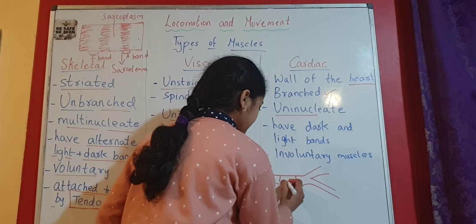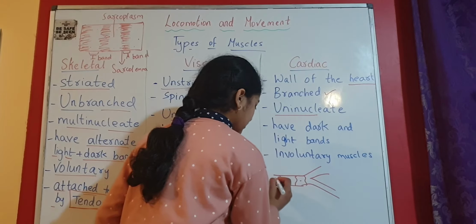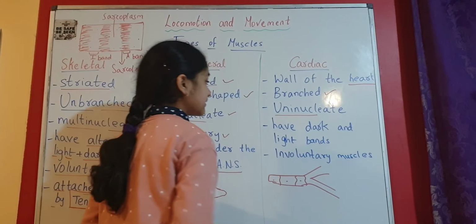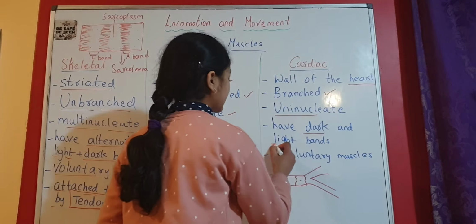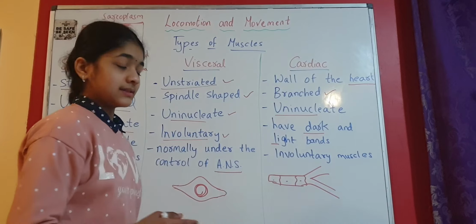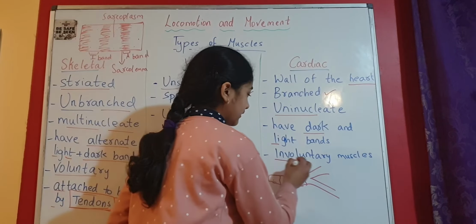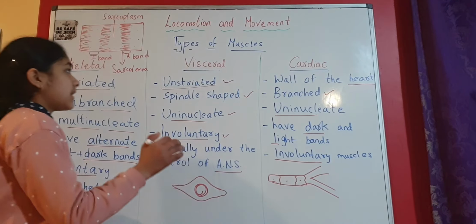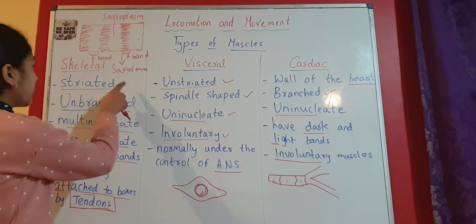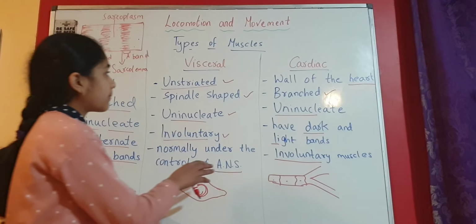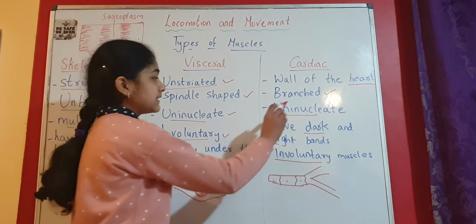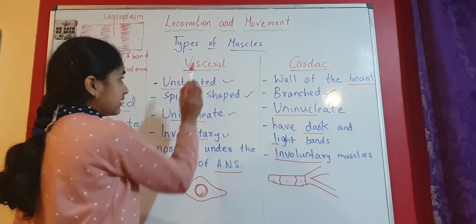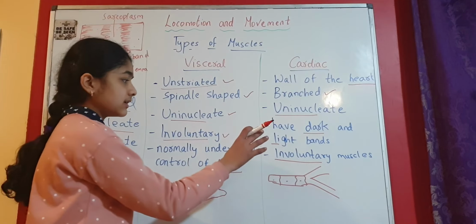So a nucleus, like this, and they have dark and light bands as in skeletal muscles, and they are involuntary. So these cardiac muscles have some properties of skeletal muscles, and some properties of visceral muscles. That's why these are unique. That's why these are not kept under visceral muscles, because that is special.